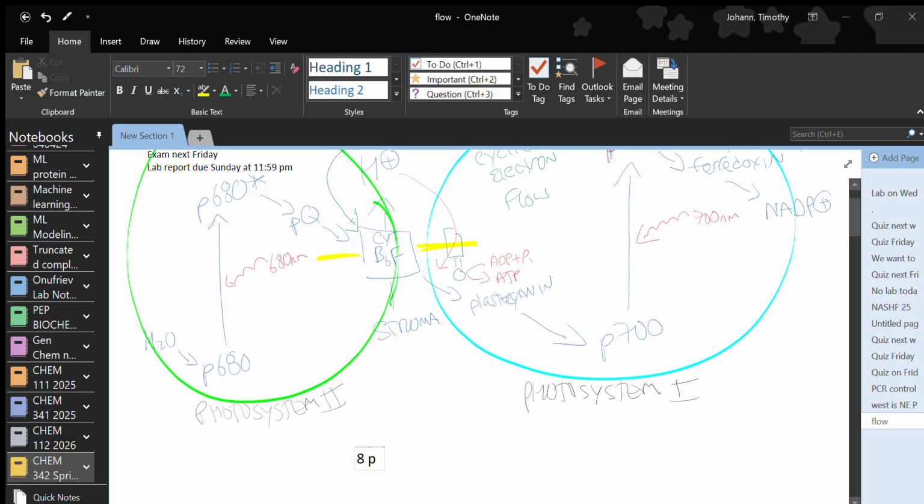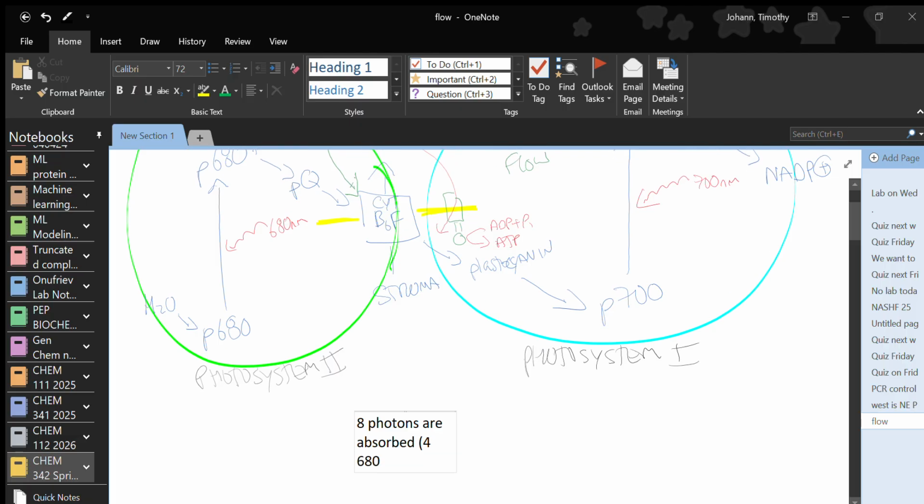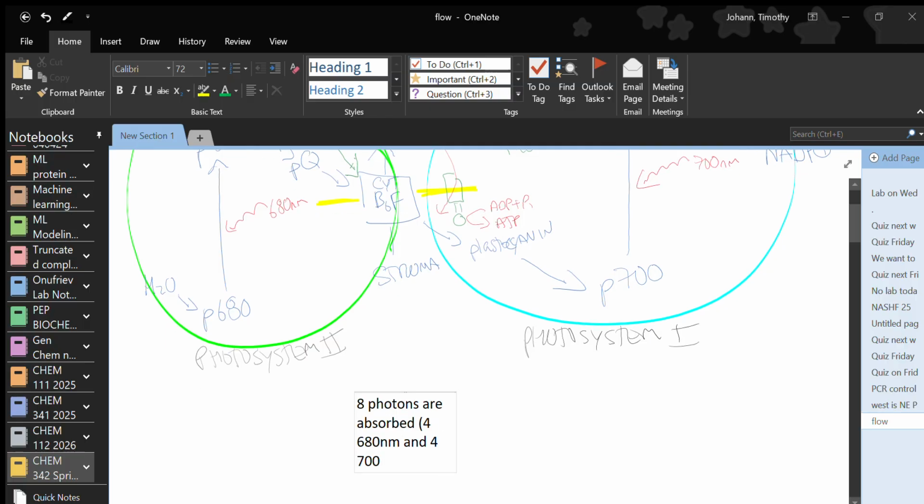What I mean by that is 4 680 nanometer and 4 700 nanometer photons.